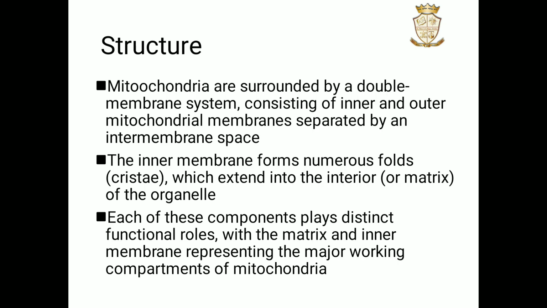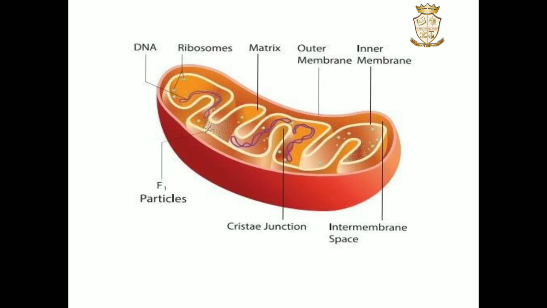And coming to the structure, mitochondria are surrounded by a double membrane system, that is an inner membrane and an outer membrane, which are separated by an intermembrane space. In this picture, you can find that the inner membrane of the mitochondria is folded, and that portion is known as cristae, which is a very important part for the electron transport chain.